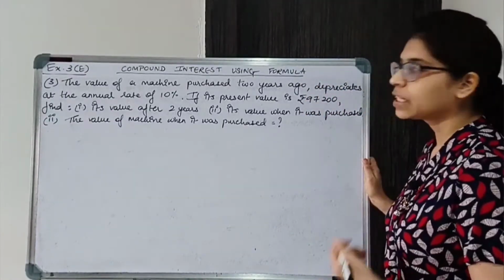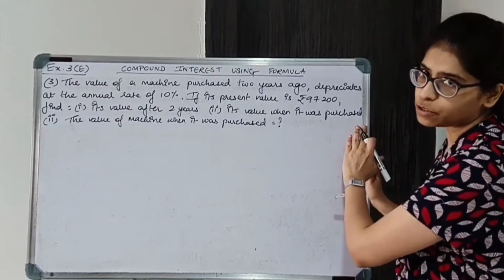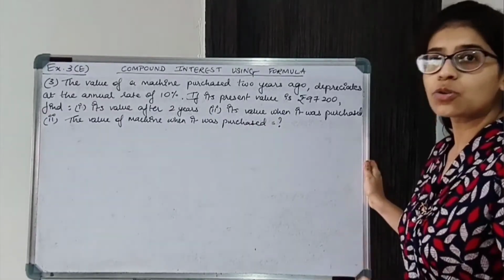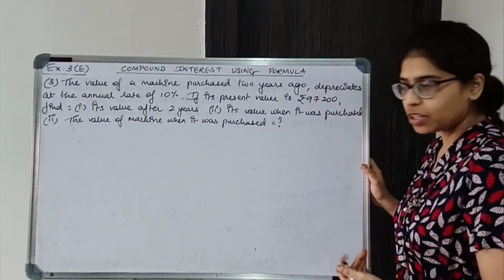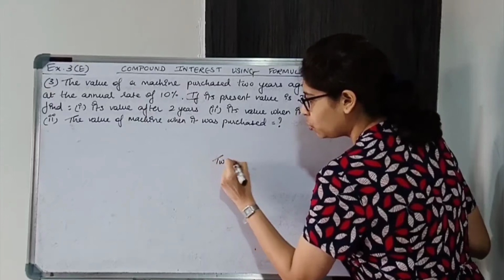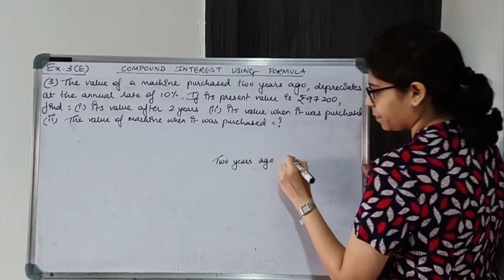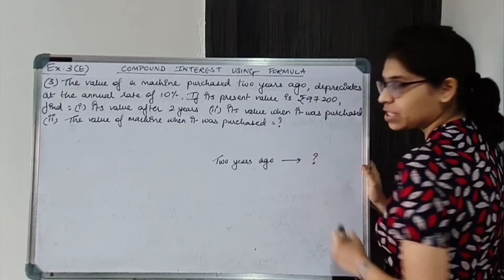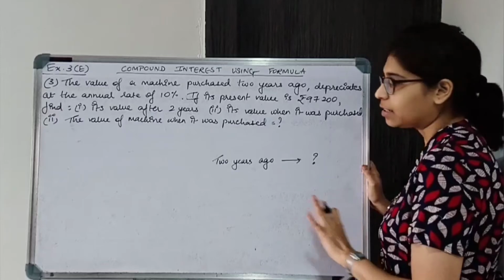Now in the second part we have to find the value of the machine when it was purchased. It was purchased 2 years back. So 2 years ago, what was its cost? We don't know, we need to find that.